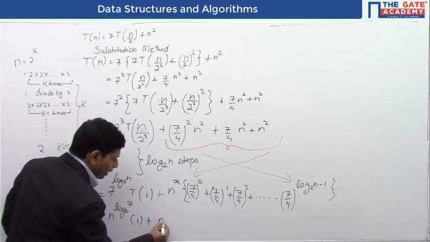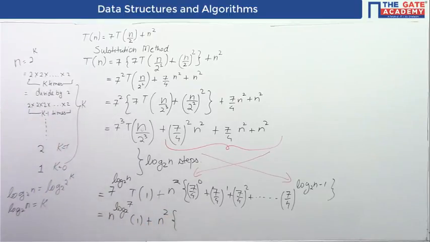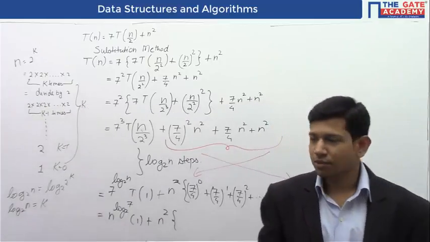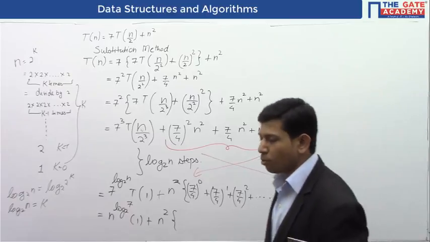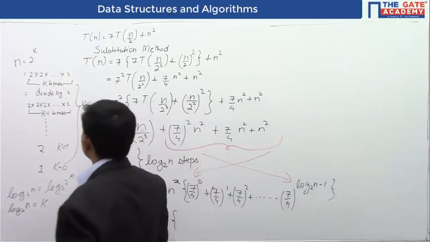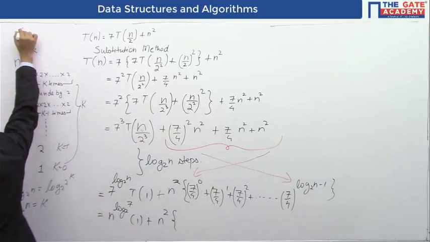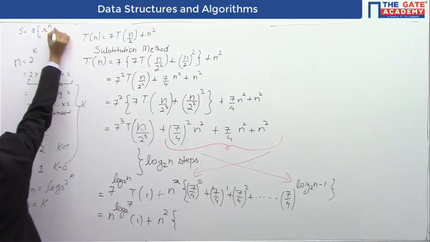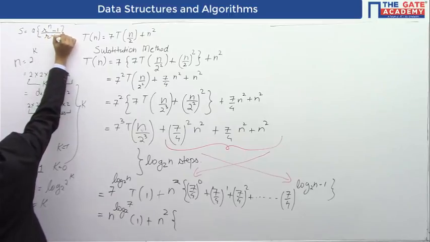Let's see what we can do of this GP. For the sum of n terms of a GP, there is a formula. First, let's note the formula over here. The sum S is equal to A into R raised to power n minus 1 upon R minus 1.